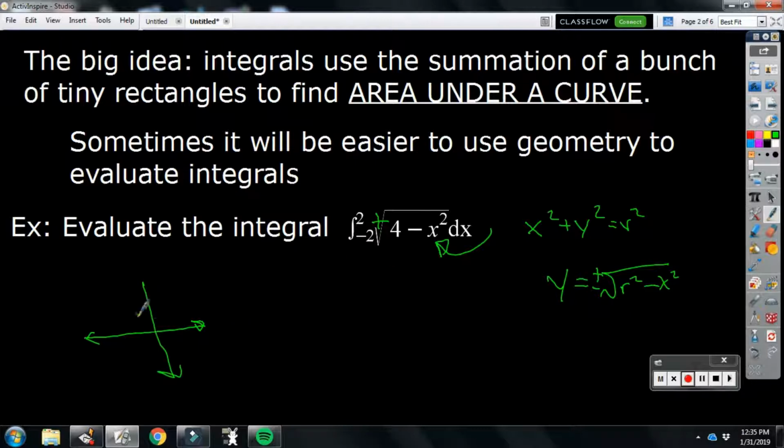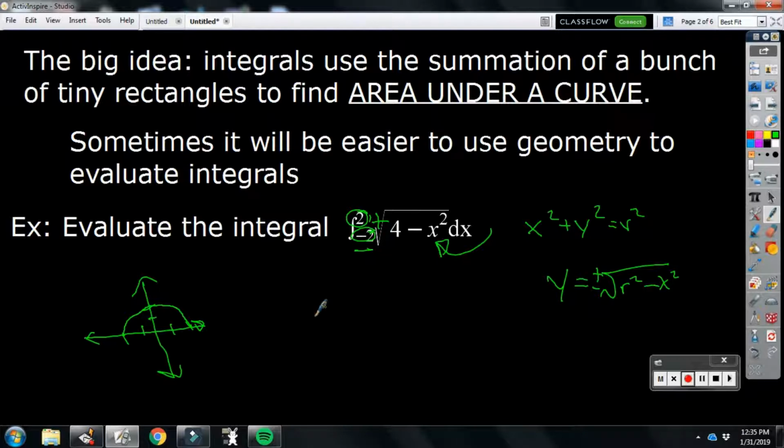So we're looking at the area from -2 to 2 of this semicircle, and the radius of this circle is 2, because in this case r squared is 4, which means r is 2. So we're finding the area of this semicircle from -2 to 2.